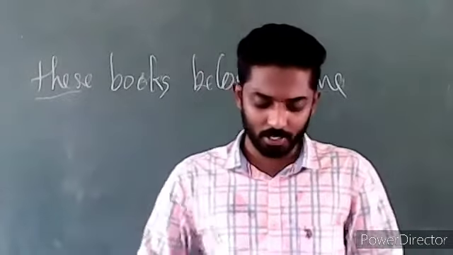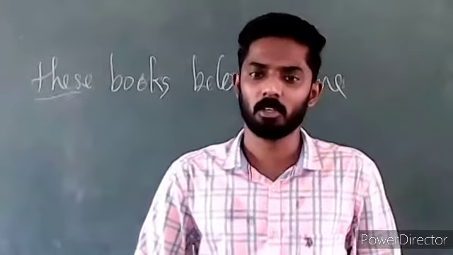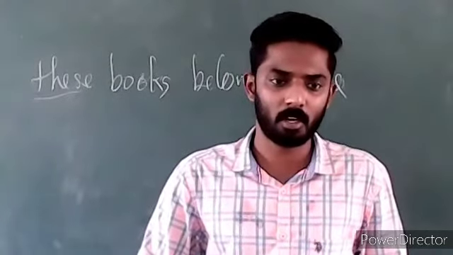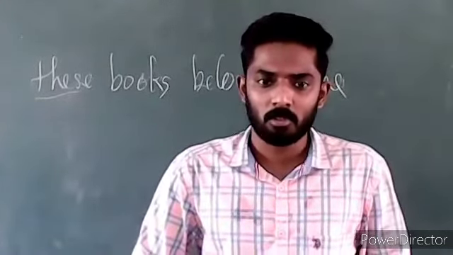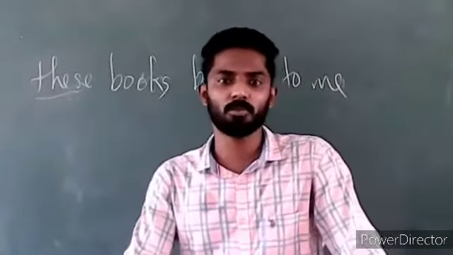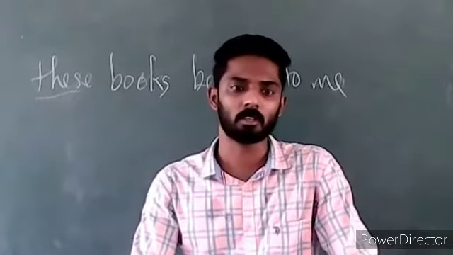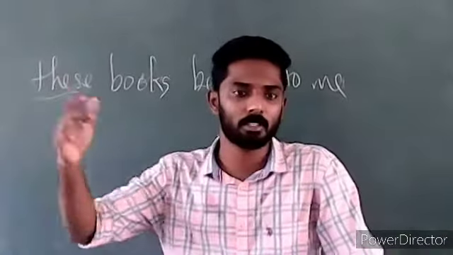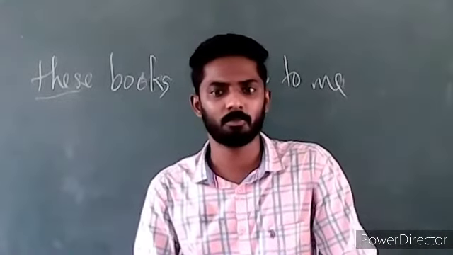Then we move on to the next one, that is cardinal and ordinal numbers. It is very simple. Numbers in these two forms are commonly used as determiners, like cardinal numbers 1, 2, 3, 4, 5, 6, 7, 8, 9, 10. All these are cardinal numbers. And what are ordinal numbers?